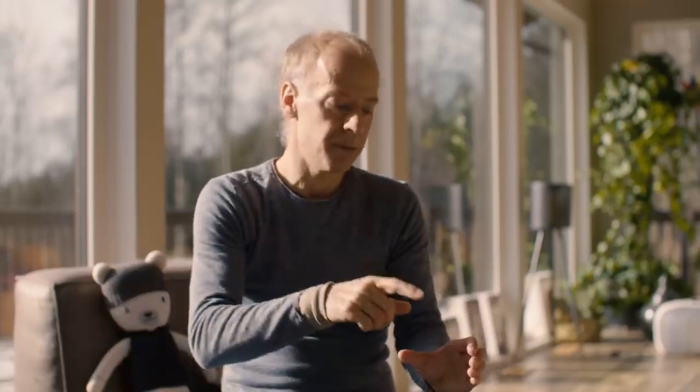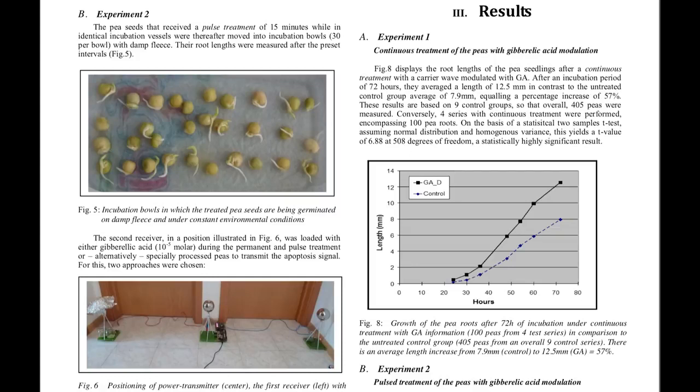So he put the growth hormone on one coil, put the peas on another coil, flipped a switch, turned it off, and he compared the growth of these peas to the growth of a control, which was outside of the area and not affected by this electrical configuration. And lo and behold, the peas that were part of the experiment grew much quicker and to a greater extent, with statistical significance, compared to the control.